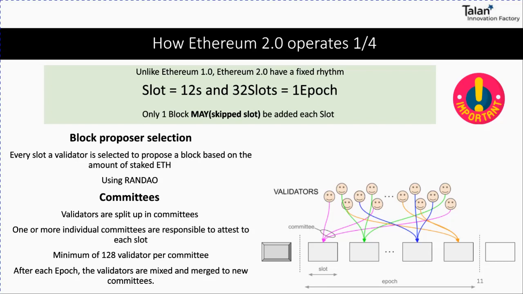You can think about it like working groups that are responsible to validate just one slot. They will vote on one slot. Exactly. So validators are split up in committees, and one or more individual committees are responsible to attest to each slot. When we say attest, we mean vote.